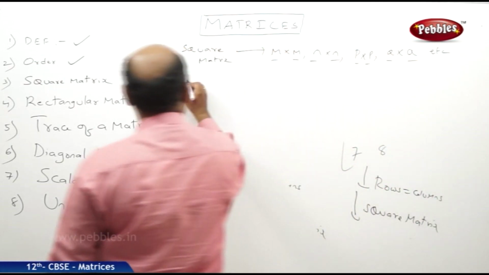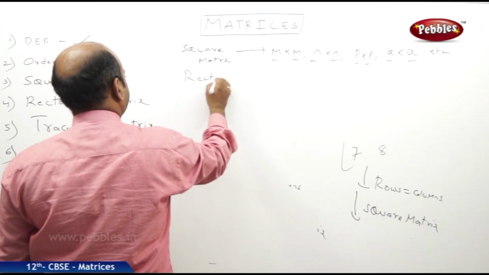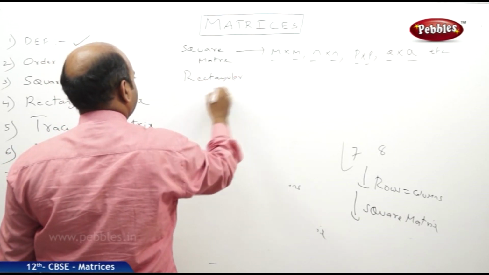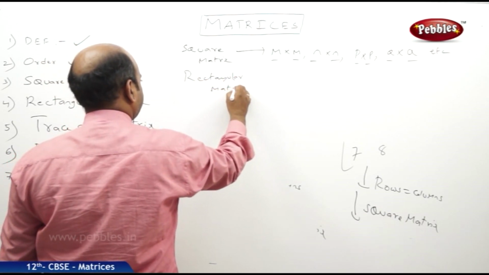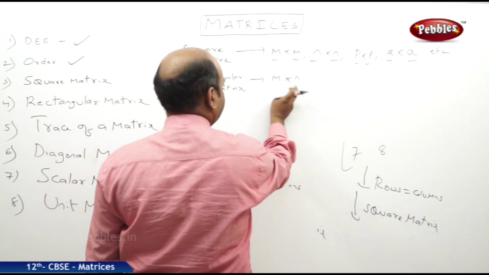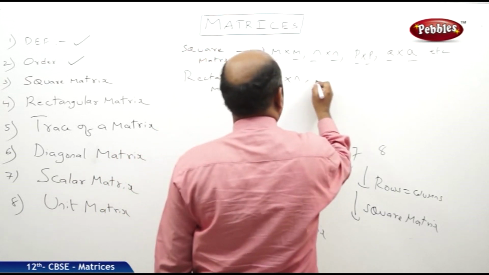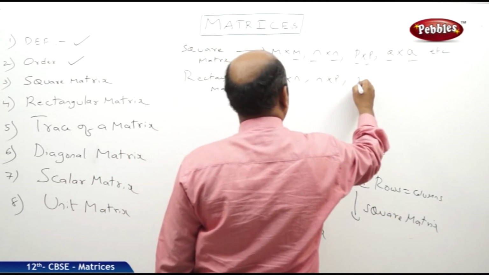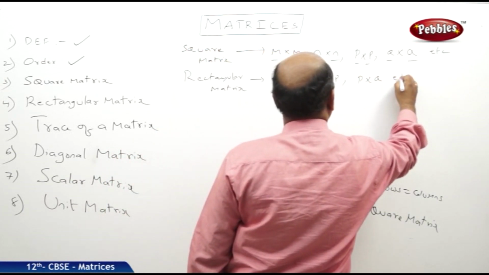Now how is a rectangular matrix denoted? It will be like this: M by N. That means here M is not equal to N, and here N by P, P by Q, etc.